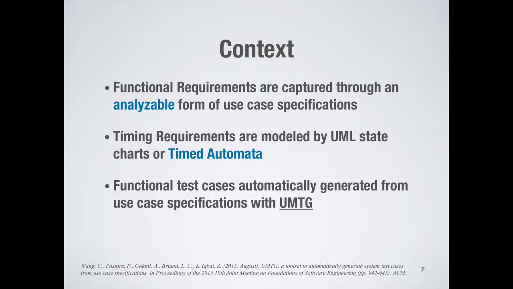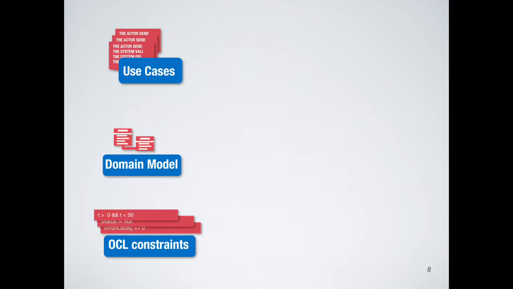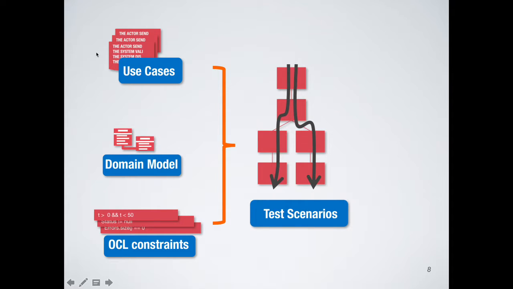Lastly, the functional test cases are automatically generated from the use case specifications using the UMTG methodology. UMTG is our previous work on functional requirement testing, which was published at ICST 2015. Basically, the UMTG methodology takes a set of use cases, a domain model and a set of OCL constraints as input, and automatically generates test scenarios to cover the basic flow and each of the alternative flows for all the use cases.